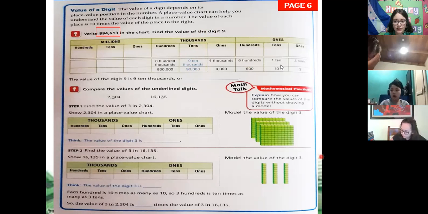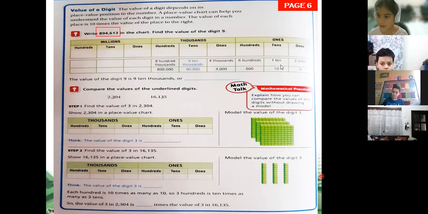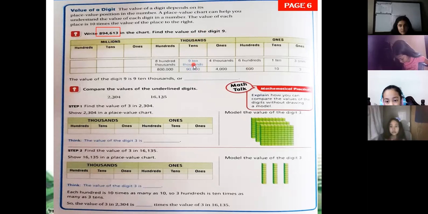Is that part clear, Rebecca, or not? No. So, okay. We have this number. We need to represent it in the value chart. This is a value chart. So we start putting number 3. That is the first one. It's on the ones. So we write number 3 here. Number 1 on the tens. Number 6 on the hundreds. This makes the ones. Then remember that before the comma, what we have here is the thousands. Los miles, right? Thousands.